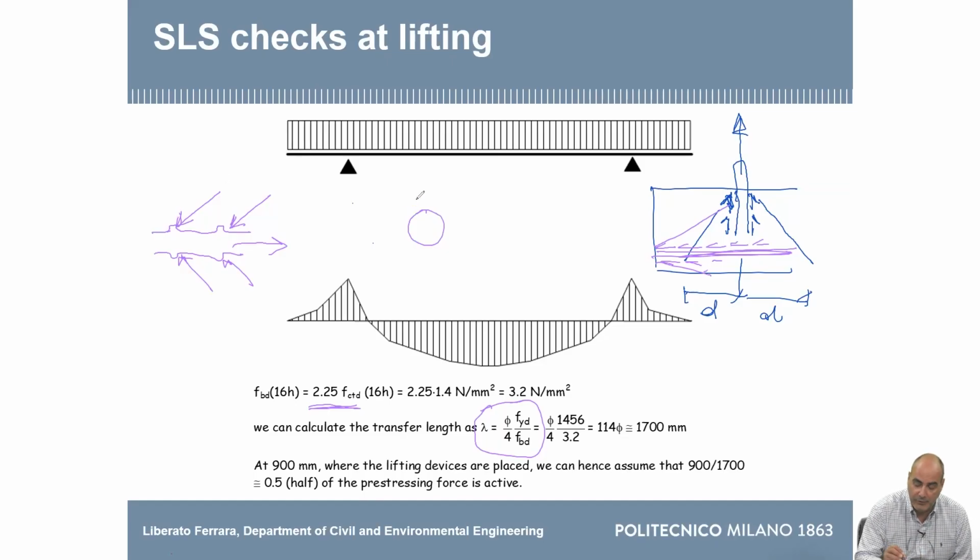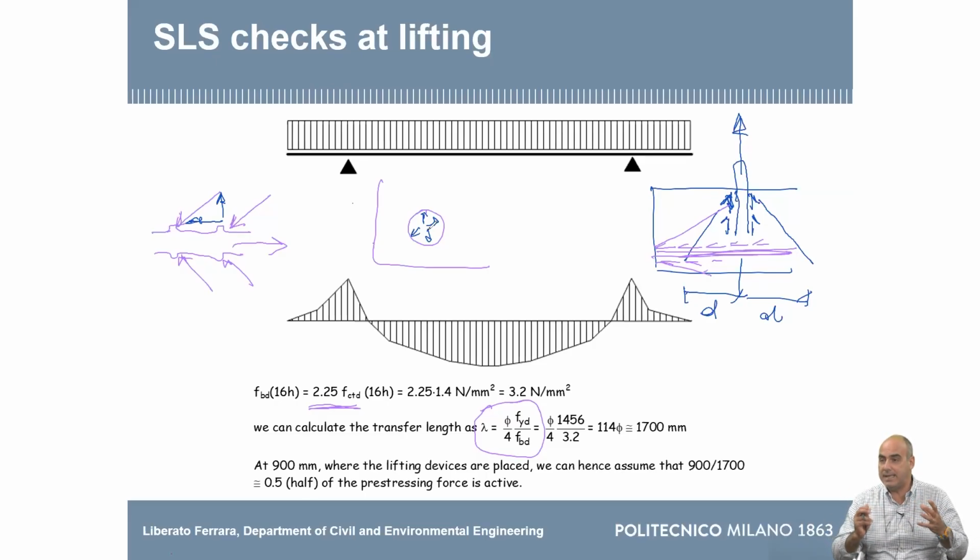These inclined forces will have a tangential component, but will also have a normal component. So the bar is exerting a radial pressure on the concrete around it. And how does this mechanism fail? This mechanism arrives at its failure because this radial inner pressure generates tensile stresses, and the failure is when you form these cracks here. So that is the reason for which the bond strength is related to the tensile strength of concrete.